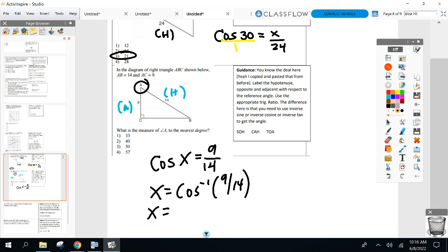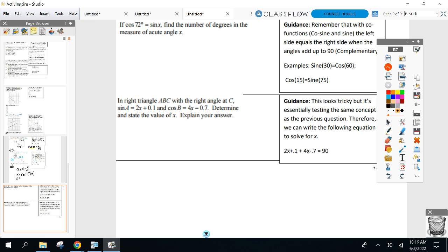And everyone getting 50? Perfect. Any questions there? So just want a little reboot of sine, cosine, tangent, how to find a side and how to find an angle. Whew, all right, this one comes up all the time, and we got to just remember the rule.